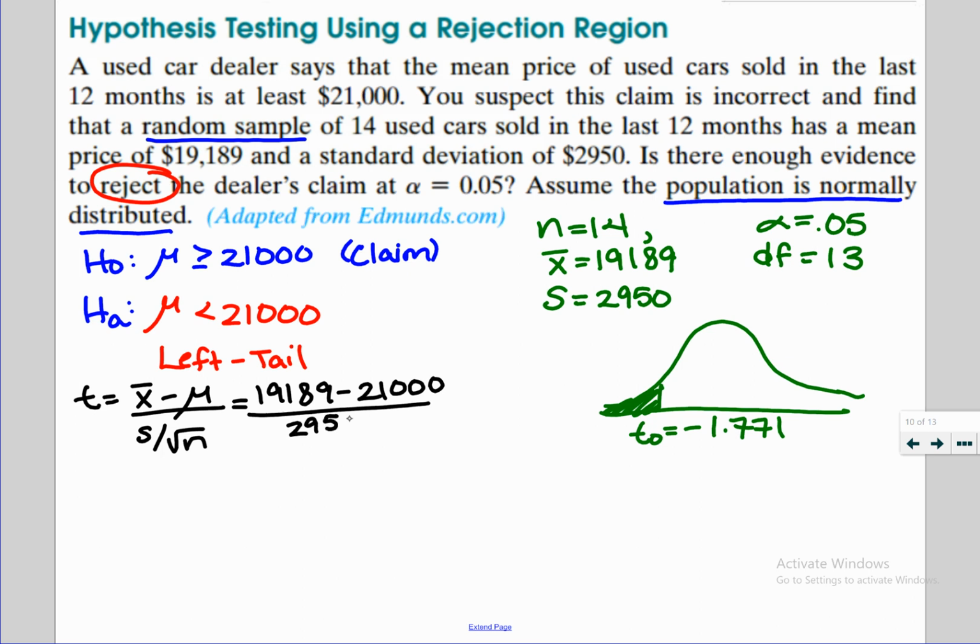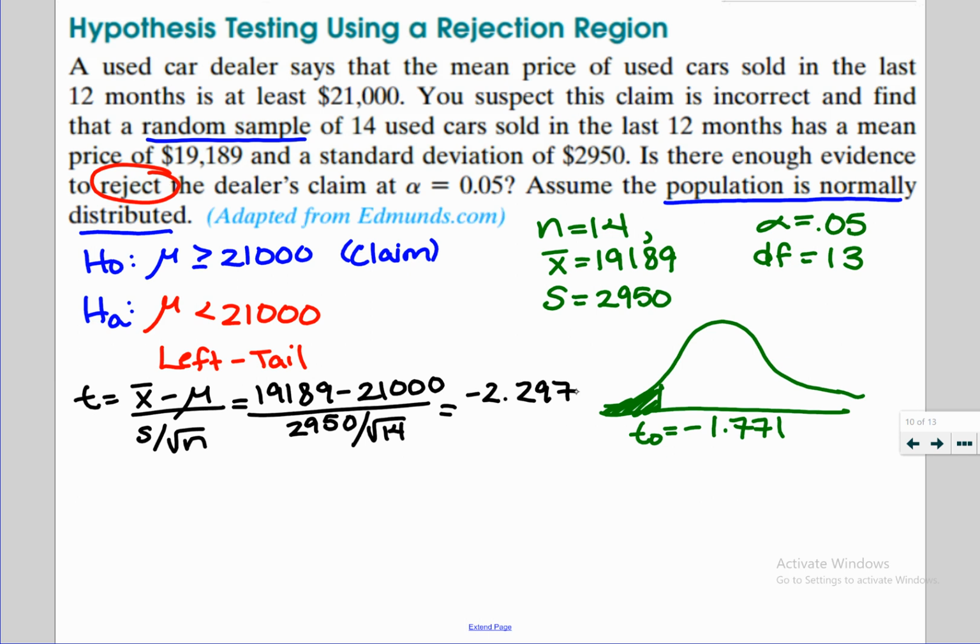S, 2950 over the square root of n, square root of 14. And I did this earlier, and I'm going to give it 3 decimal places because that's what my critical value is. Negative 2.297 is our test statistic. So now we need to make our decision.